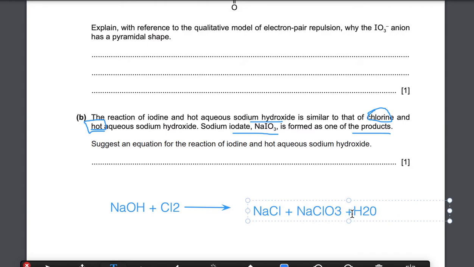Okay, so that would be the equation for the iodine one, but do we need to balance it as well? I'm not sure if we need to balance it or not, but how it goes is you need to remember this. So it's 6, 5, 1 over here and 3 H2Os. Let's see if it is balanced. So it's 6 over here and 3 over here.